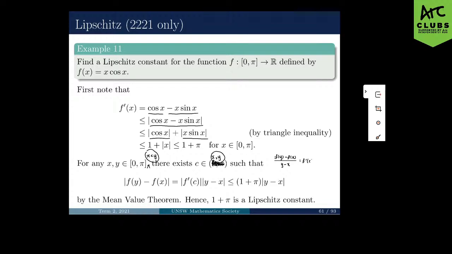But yeah, I'm just multiplying it on both sides and taking absolute value to get this equality. And we know that |f dash of c| is going to be less than or equal to 1 plus pi. And so therefore, this 1 plus pi is a Lipschitz constant.